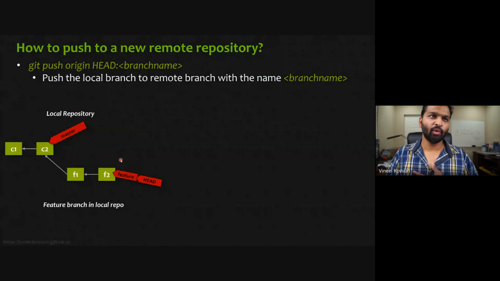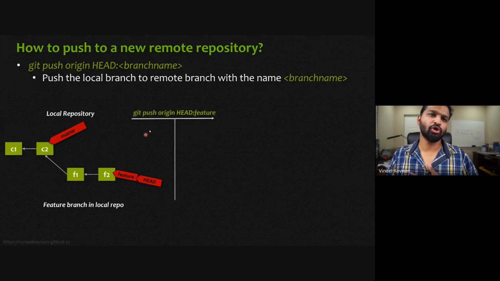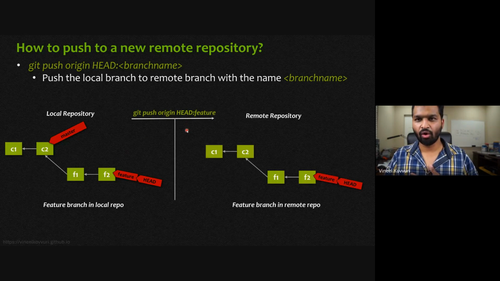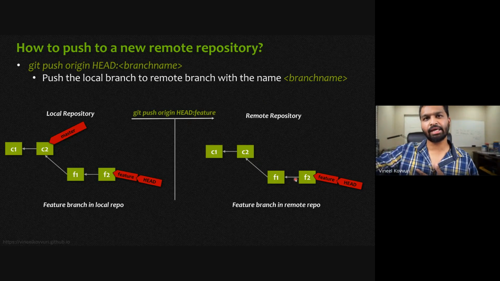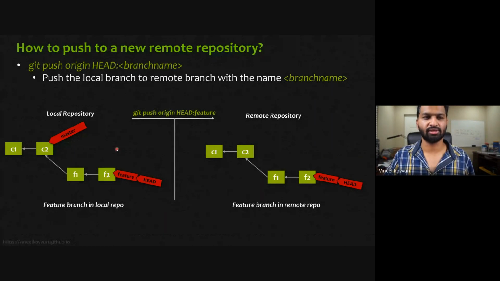And then when I do git push origin head colon whatever, now in the remote repository, which means GitHub, only the feature branch, because I'm only pushing feature here, gets created in my GitHub. That's exactly what we saw by opening GitHub in the browser. Okay, so this is what we mean by push.